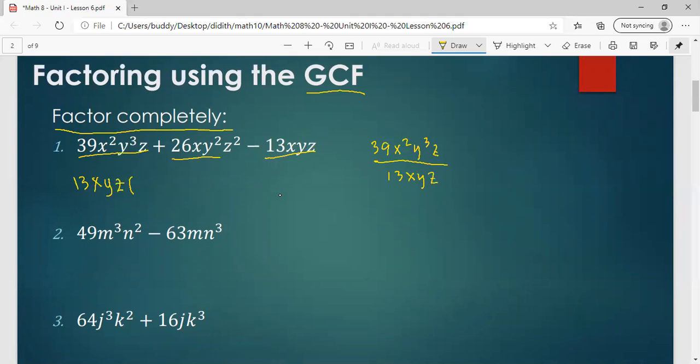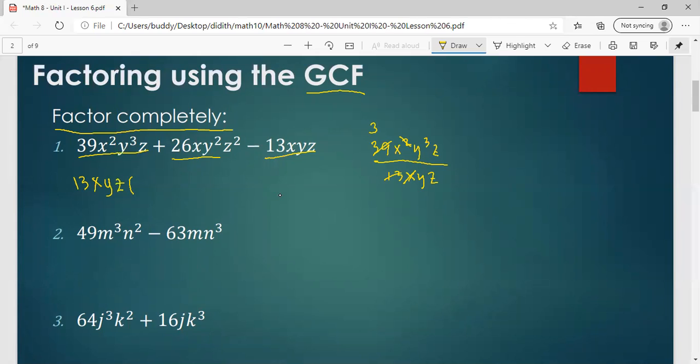So you have to recall the law of exponents. First you have to divide their numerical coefficients. So 39 divided by 13 is 3. Then x squared divided by x, so this is like subtracting the exponents, 2 minus 1. So there remains x to the first, or simply x.